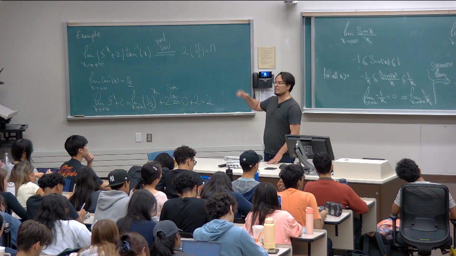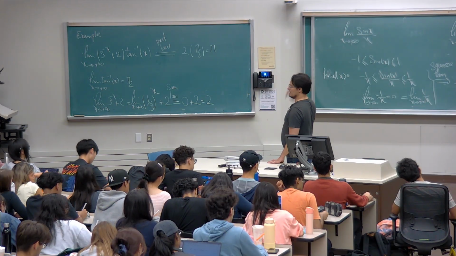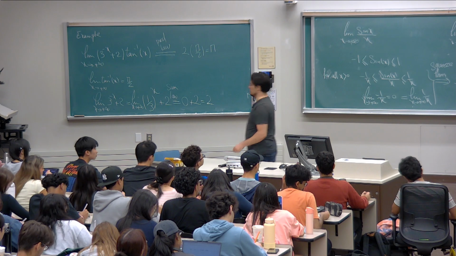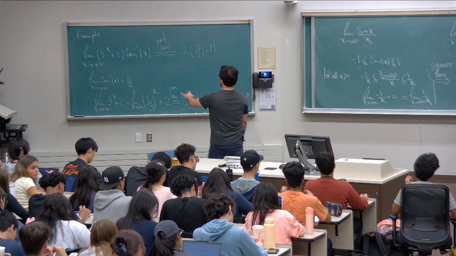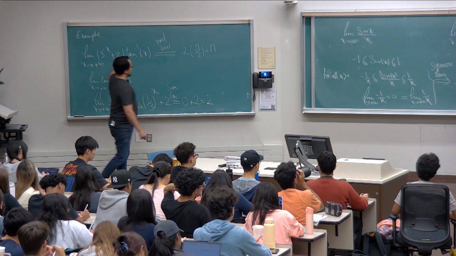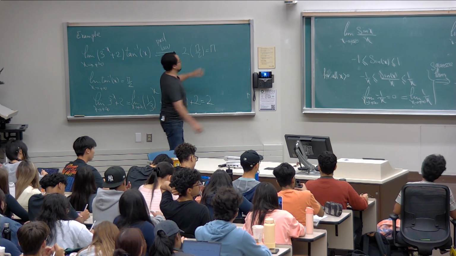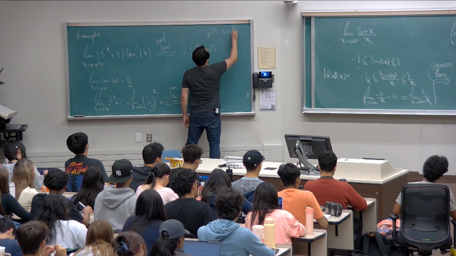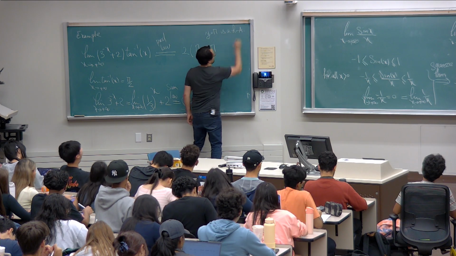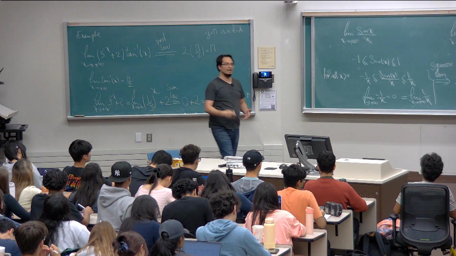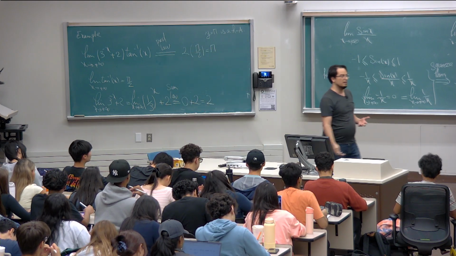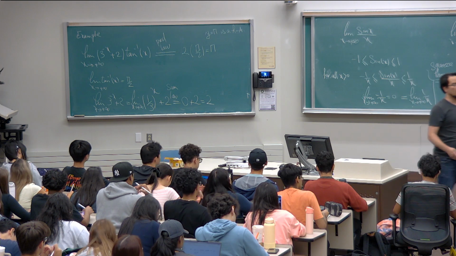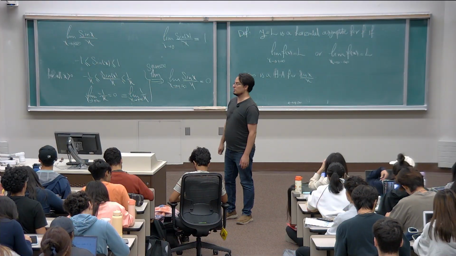If you do negative infinity, you also get the same thing. So it has just one horizontal asymptote. This guy has y equal to pi as a horizontal asymptote. Why? Because when x goes to plus infinity, the limit is equal to pi.